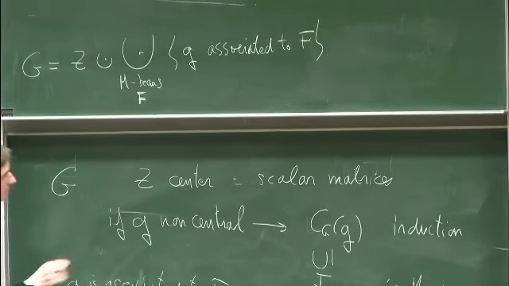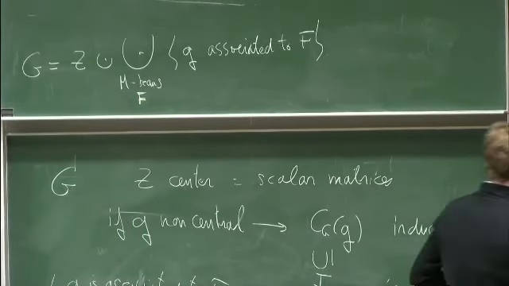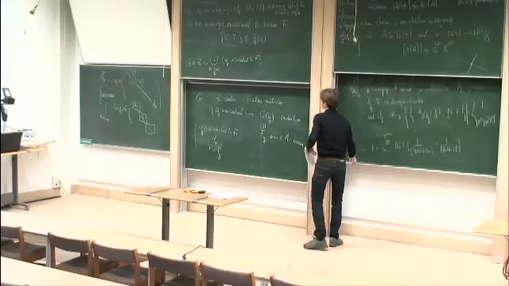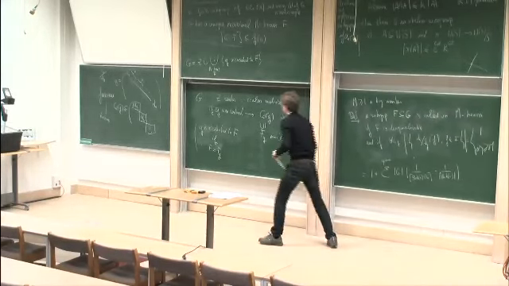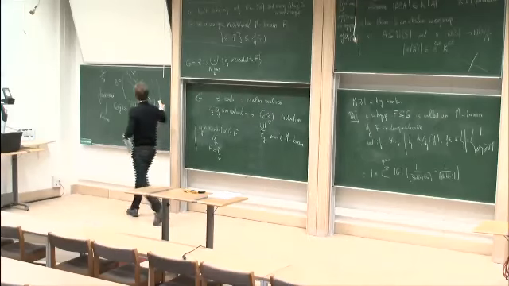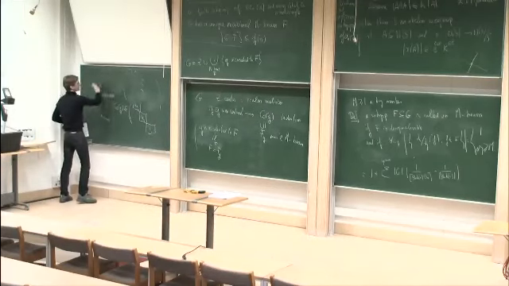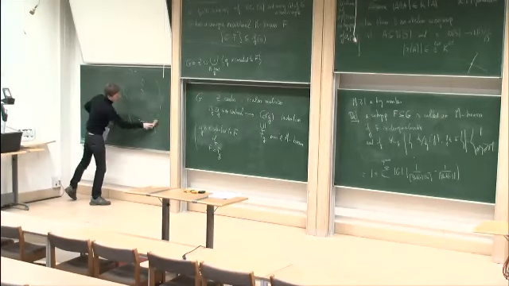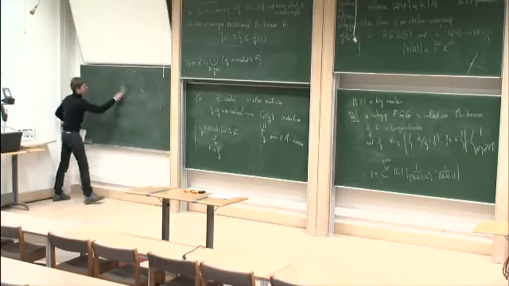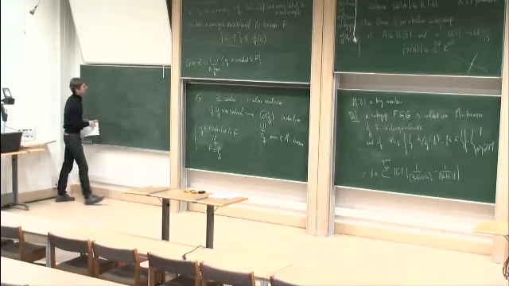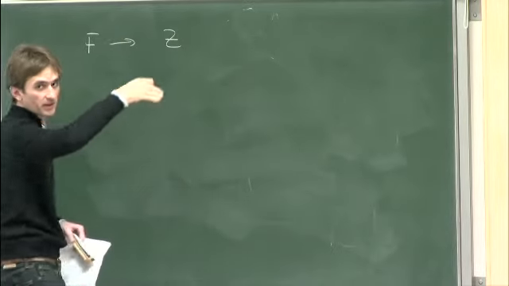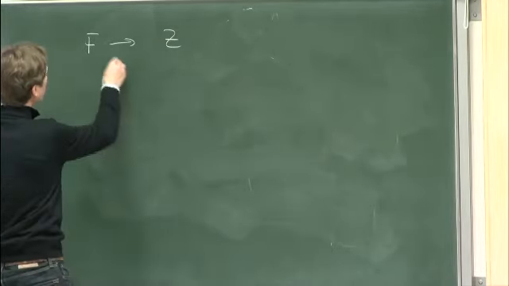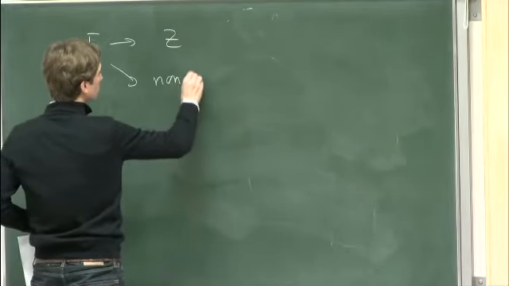Then you have to distinguish a few cases. Maybe I'll use this board. You have to distinguish cases according to what kind of m-beams you are looking at. The m-beam could be the center, the scalar matrices, or it could be a non-maximal beam.